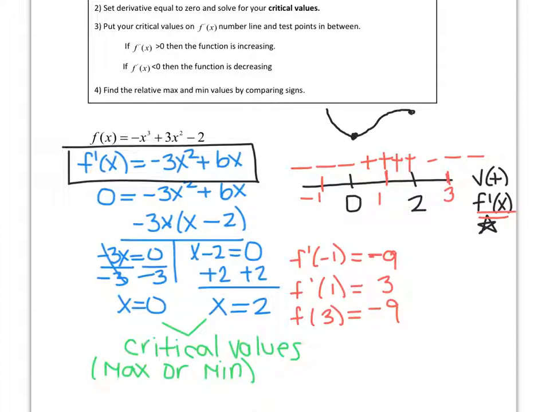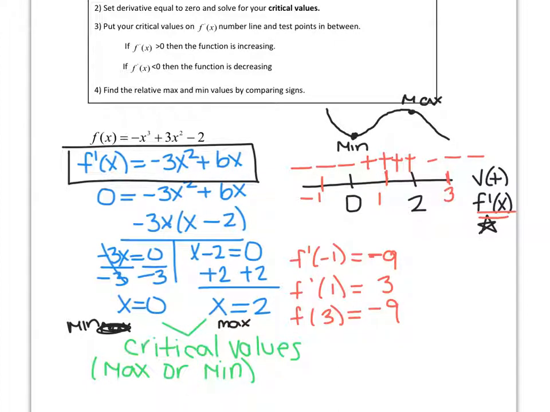And then once it hits 2, it starts going down. So you can clearly see that this one is your minimum and this one is your maximum. We actually have the x value of 0 is my maximum, oh, excuse me, my minimum. And my x value of 2 is my maximum.